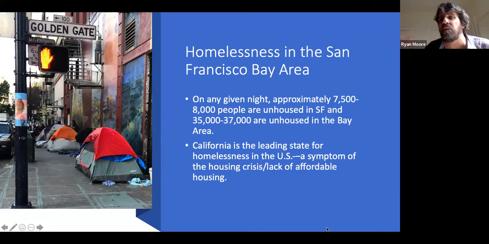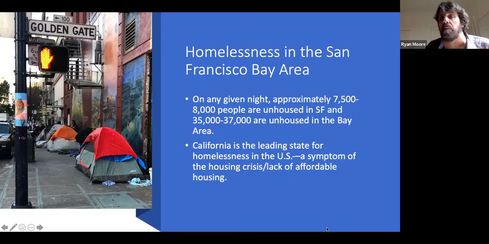If you walk around the South of Market neighborhood or the financial district or the Mission, you will see that a lot of these newly built apartments are dark, there are no people living in them.